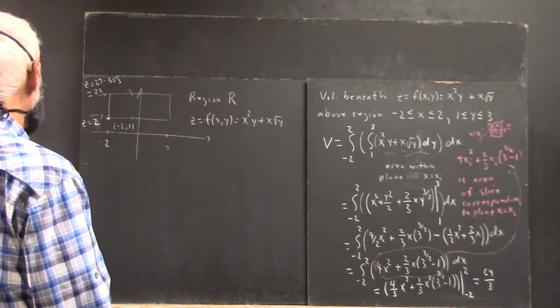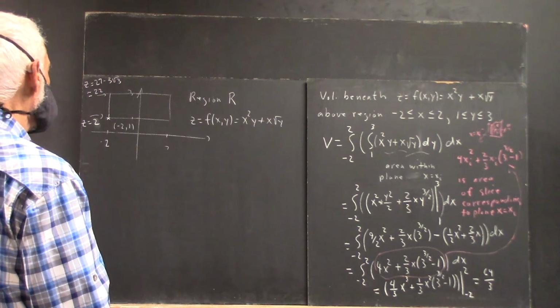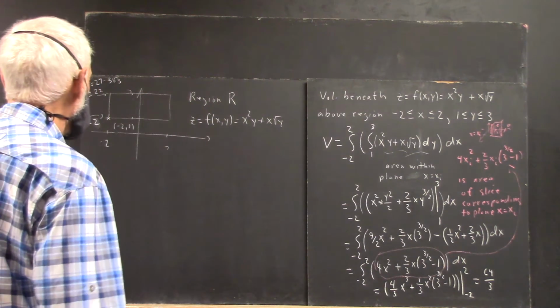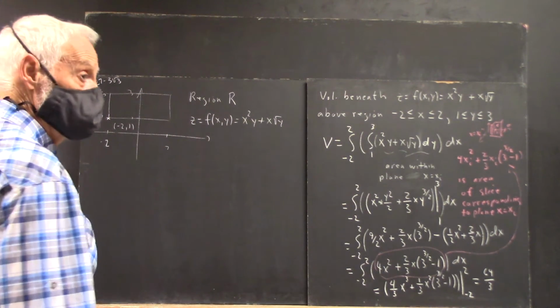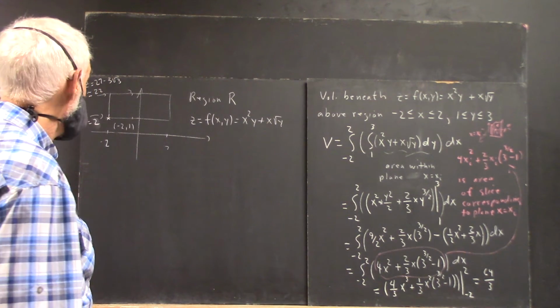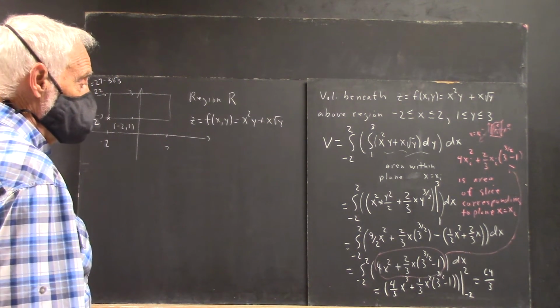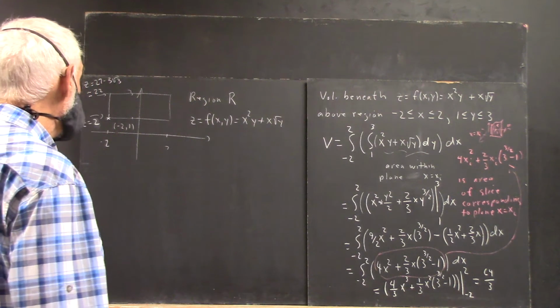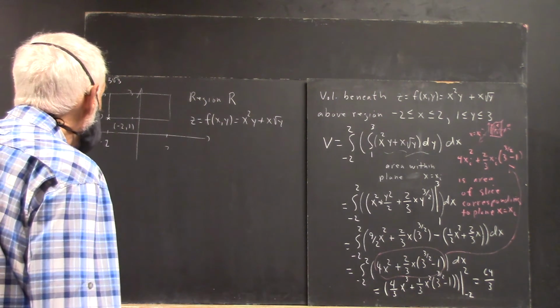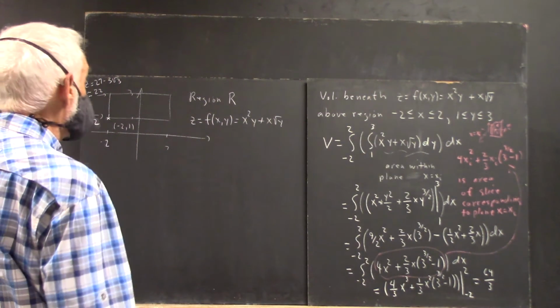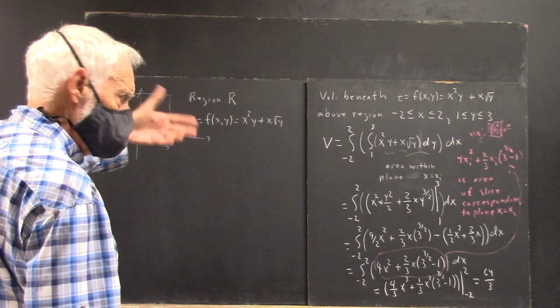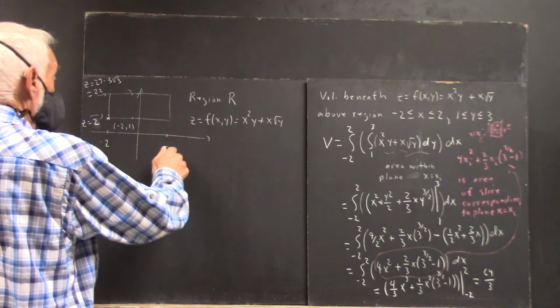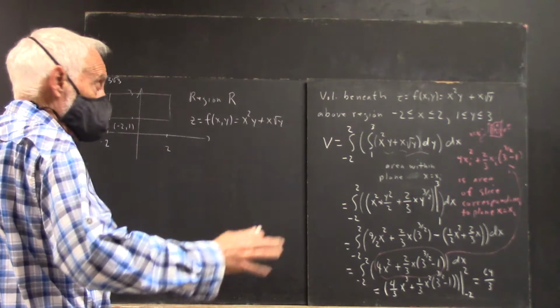Now my estimate here isn't looking great because the area of this rectangle is 8, right? Could be something wrong with my integration. But let's continue. I really was trying to do the integration correctly, but so be it.